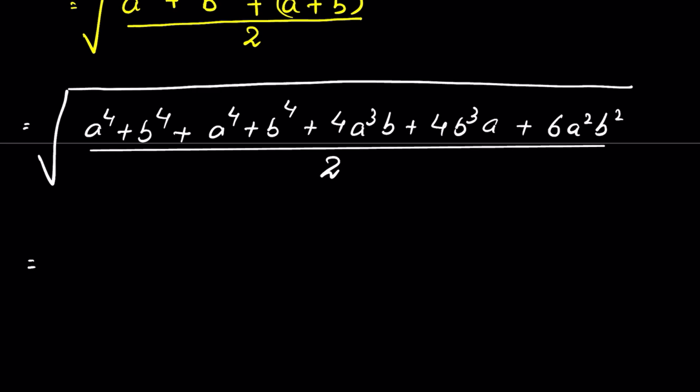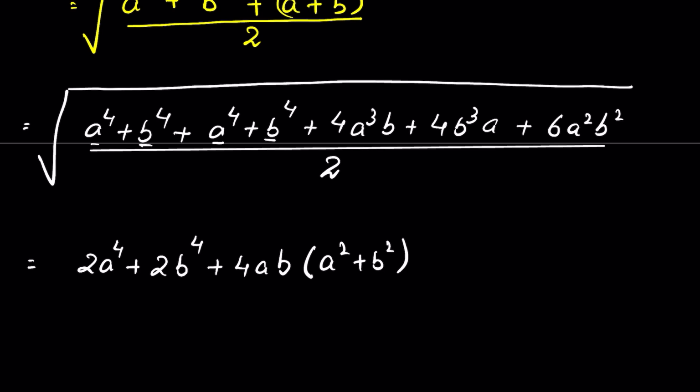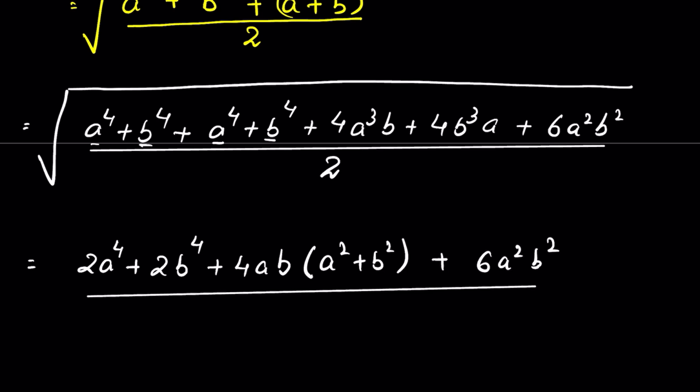That gives 2a⁴ + 2b⁴ + 4a³b + 4b³a. We can write 4ab common and then (a² + b²) inside the parenthesis, plus 6a²b², over 2, under square root.